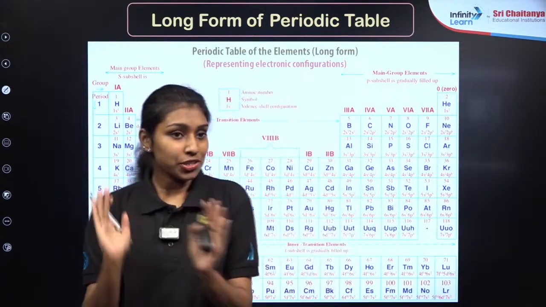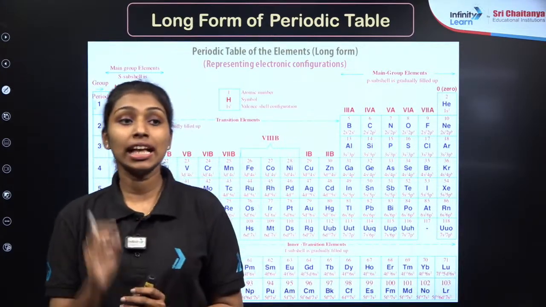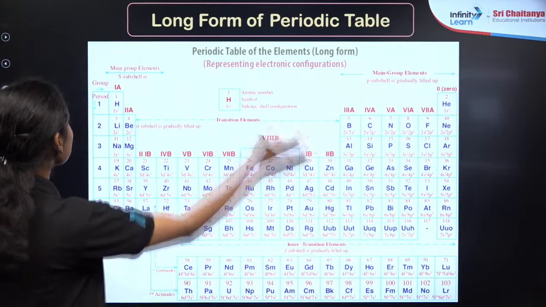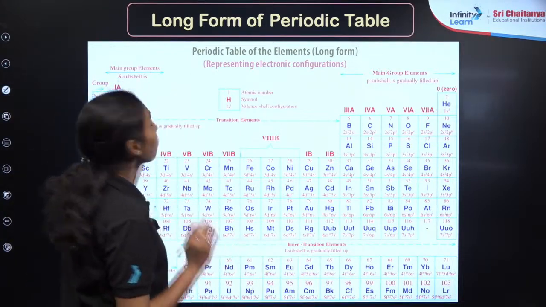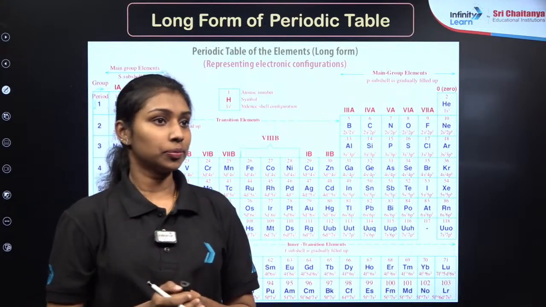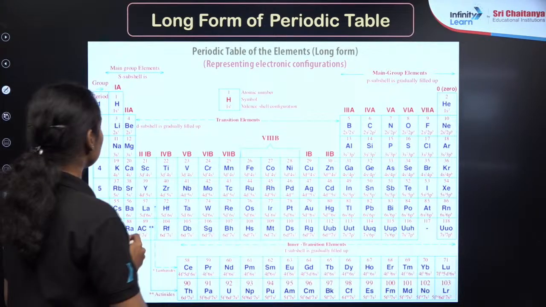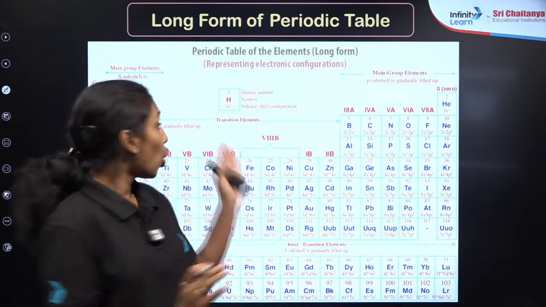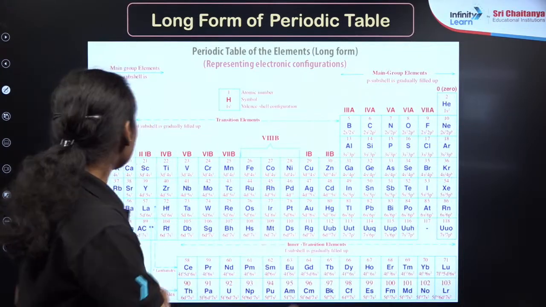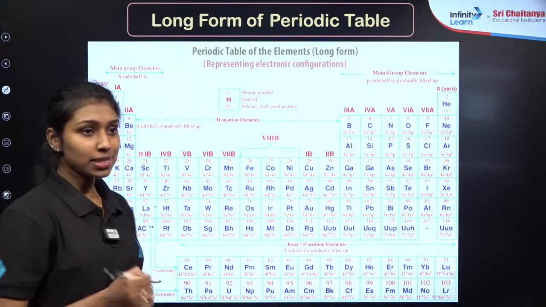Now let me move to the next topic, that is the classification of elements in the long form of periodic table. As you can see over here, this is our long form of periodic table, otherwise again called the modern periodic table, right? As I already mentioned in your previous classes, all the elements are classified into how many vertical columns?